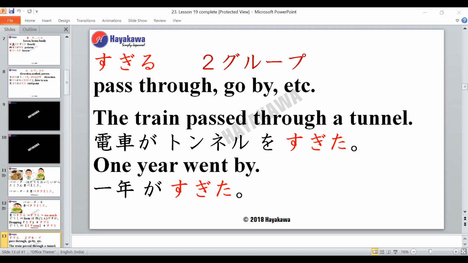Densha ga tonneru o sugita, right? Or we say, for example, 1 year went by. Ichinen ga sugita, right? Any doubts here?